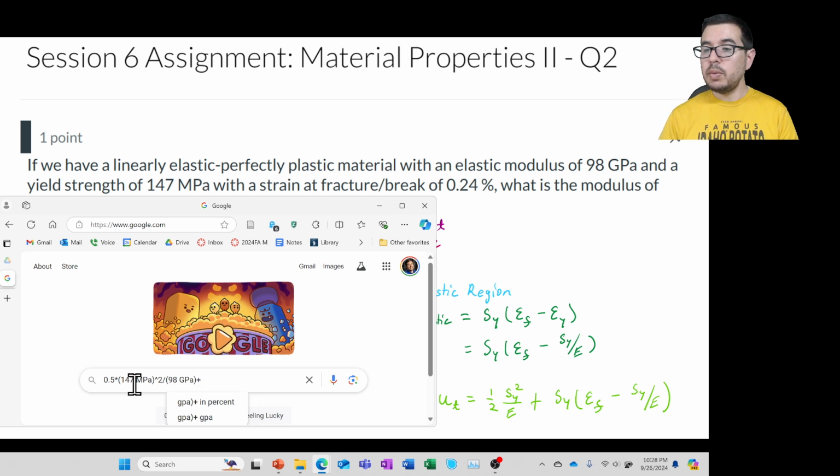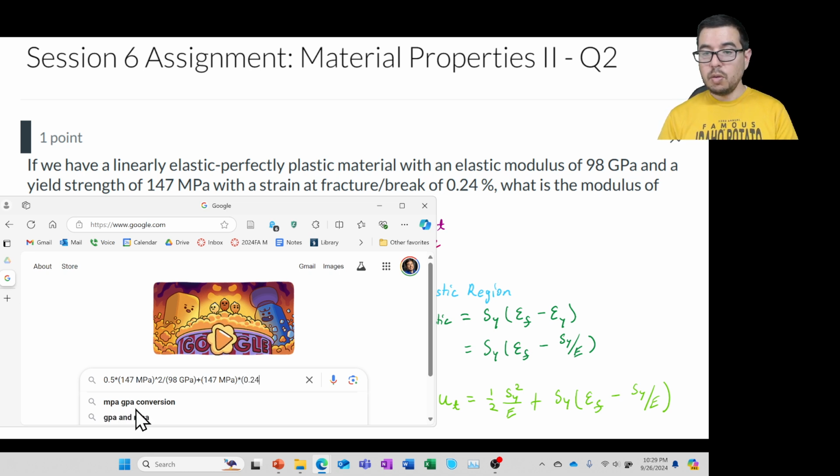And we're going to do that plus the yield strength, which again is 147 megapascals, times epsilon f, which is 0.24%, minus the yield strength, 147 megapascals divided by the elastic modulus of 98 gigapascals.